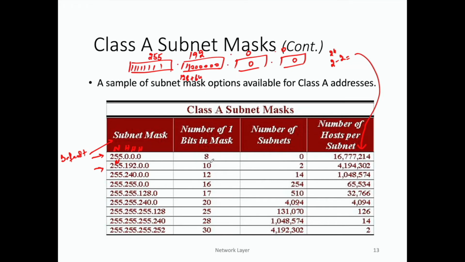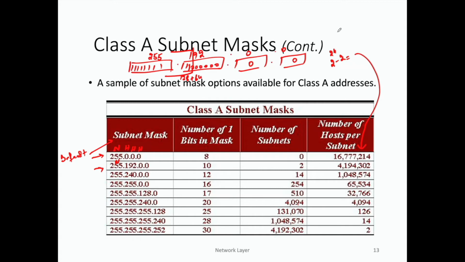This means the number of bits being used to represent the network portion is now 10, because these 2 bits of the host portion become a part of the network, as they will be representing the subnet address.